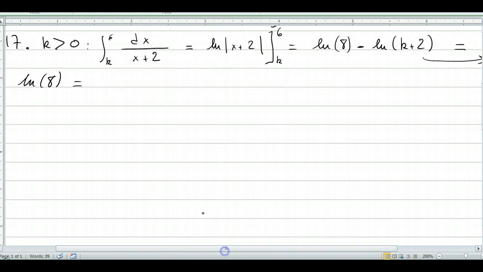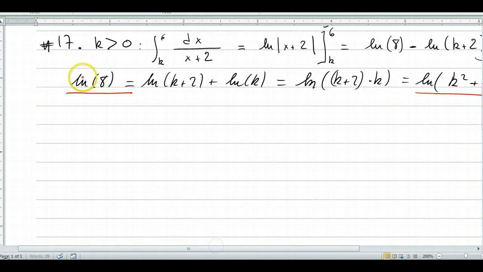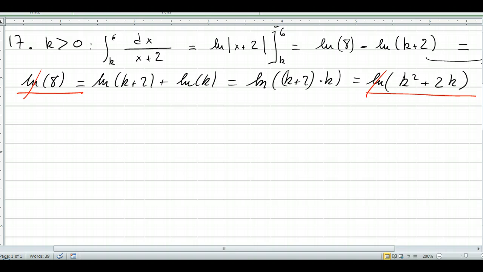Ln of 8 is ln of k plus 2 plus ln of k, which is ln of k plus 2 times k, which is ln of k squared plus 2k. And now look at the equation we have. Here's the left side of it, and here's the right side of it. We have an equality of 2 ln. We can just get rid of the ln because the function is 1 to 1.